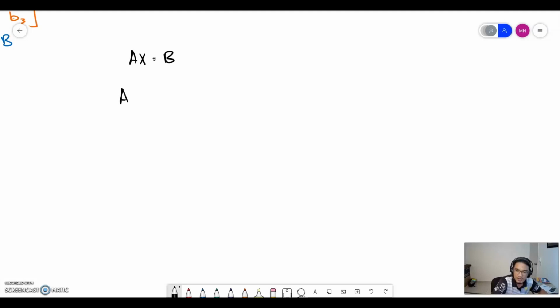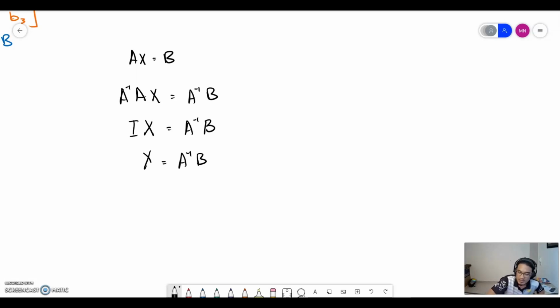We multiply both sides of the equation with the inverse of matrix A, so X equals A inverse B, because A inverse times A becomes the identity. Then X will be equal to A inverse multiplied with matrix B. That is how we solve to find the value of matrix X.